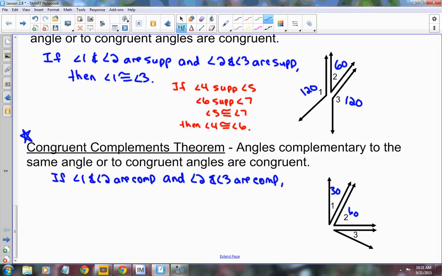So 1 is complementary to 2 and 2 is complementary to 3. Then what can you say about 1 and 3? They're going to be congruent to each other, right? Because if this is 30 and this is 60, and these are complementary and this is already 60, then this is going to have to be 30. Angles 1 and 3 have no choice but to be congruent to each other because they're both complementary to the same angle.